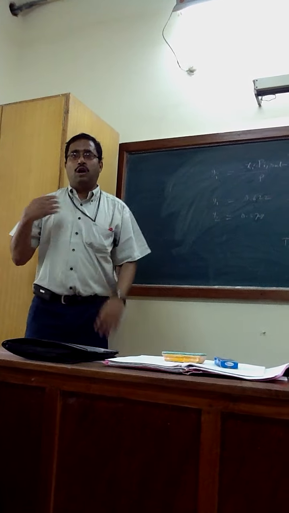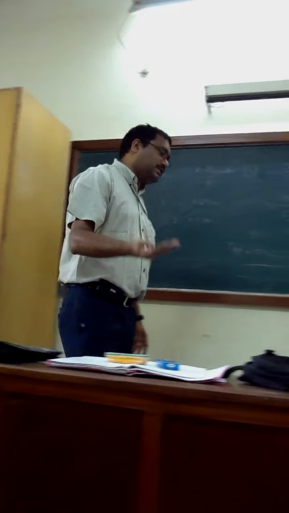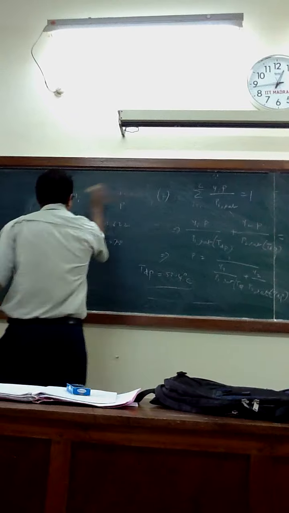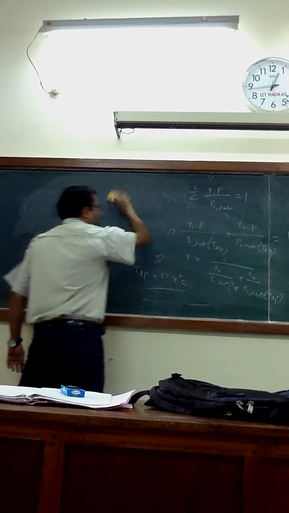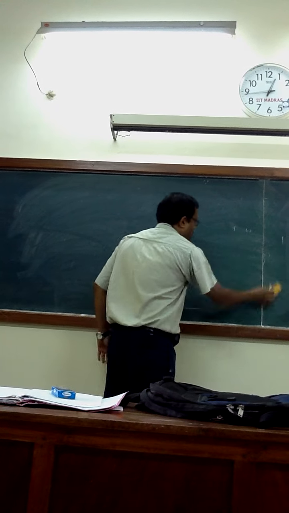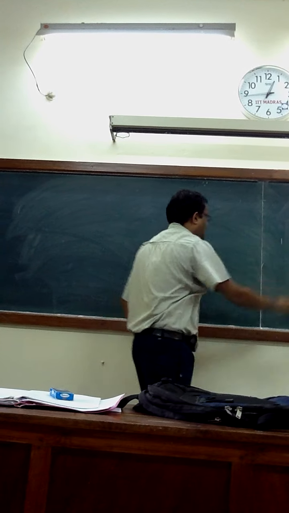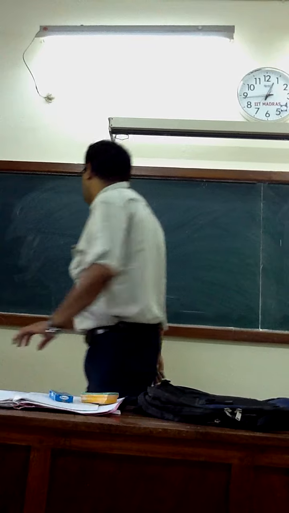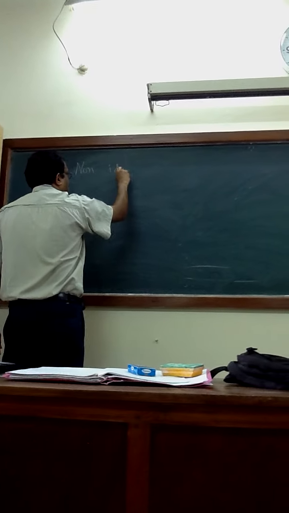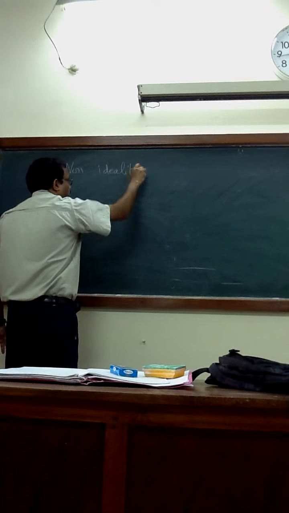Now the question is non-ideality. If non-ideality comes, how will the system behave? For example, now we are exploring a non-ideal situation where the low pressure situation may not be there, Raoult's law may not be valid exactly, and how to handle the situation. So, non-ideality.